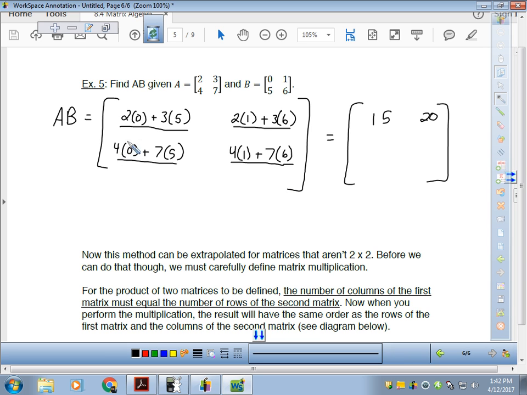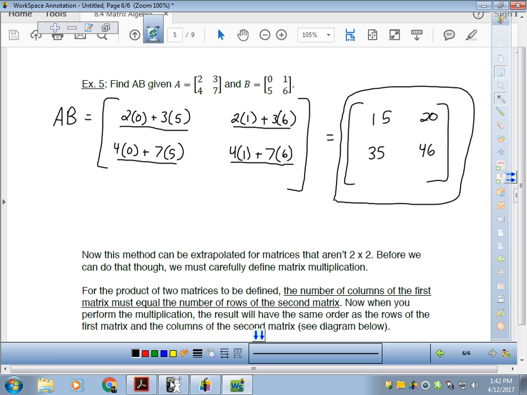Down here, 4 times 0 is 0. 7 times 5 is 35. So 0 plus 35 is 35. And then down here, 4 times 1 is 4. 7 times 6 is 42. So 42 plus 4 gives us 46. And so there is our matrix product.